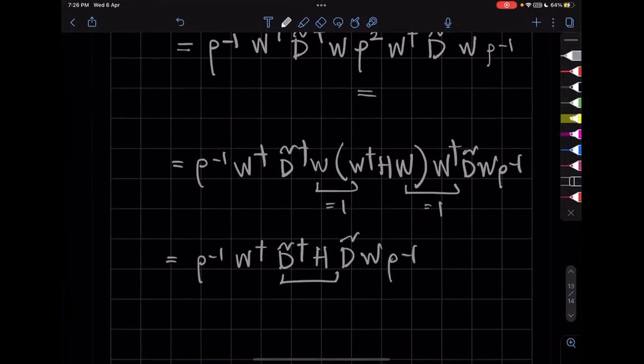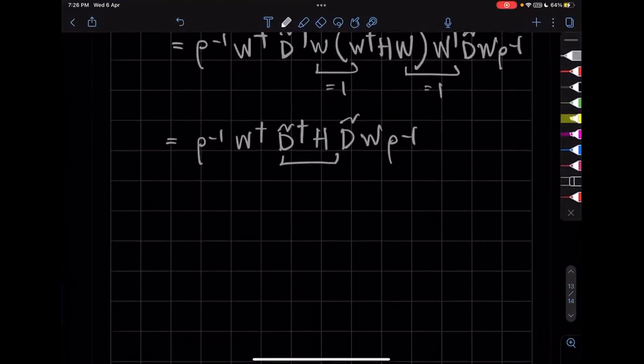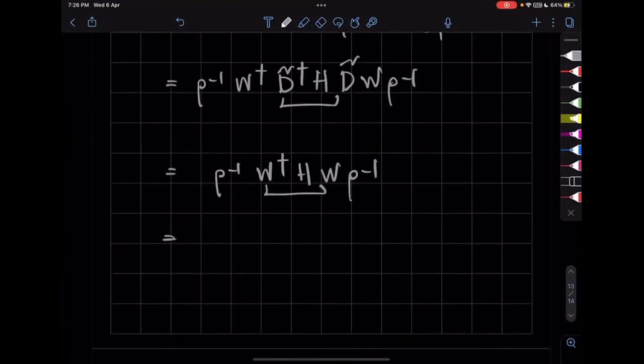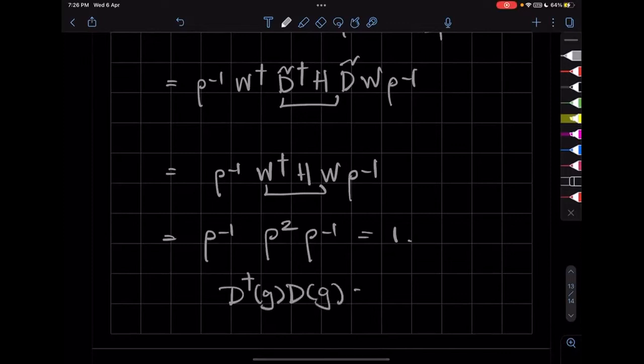But this thing is invariant, and this thing is H. So we have rho inverse W dagger H W rho inverse. But this thing is nothing but rho squared. So we get rho inverse rho squared rho inverse, and therefore we get 1. And therefore we have shown that D, as we constructed, D dagger D is 1.